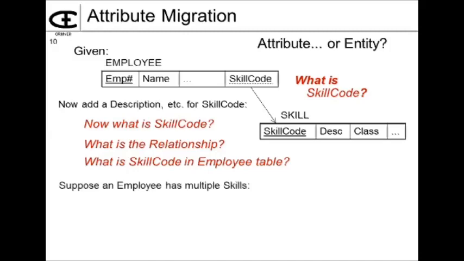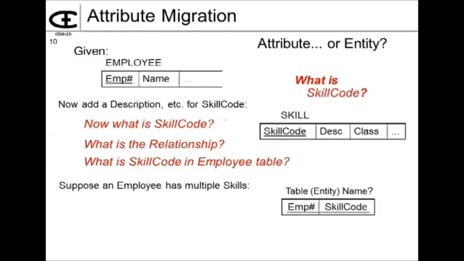Okay? So, suppose an employee has multiple skills, not just one. Now you've got to do something different, right? You've got to take it out of the employee table. Why? Because now what is the relationship between employee and skill? You better say many to many. Don't tell me it's one to many, as many of you did on the quiz.